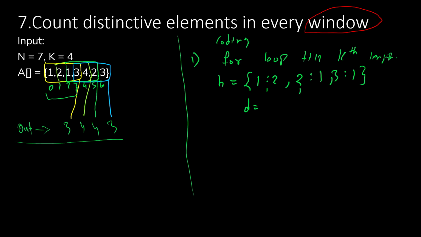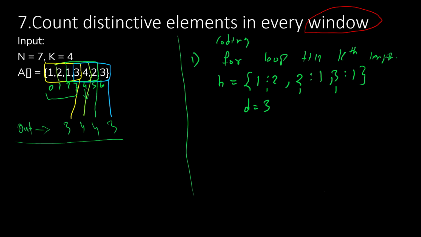When 2 joins the hash map, again one unique value is appended. Again 3 is appended, one unique value. But if 1 is already there and we add it, then we will not update the distinct value. After adding into the hash map, we have the number of distinct elements as 3. This is the first step.